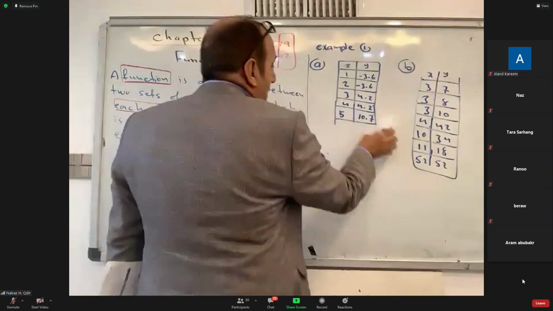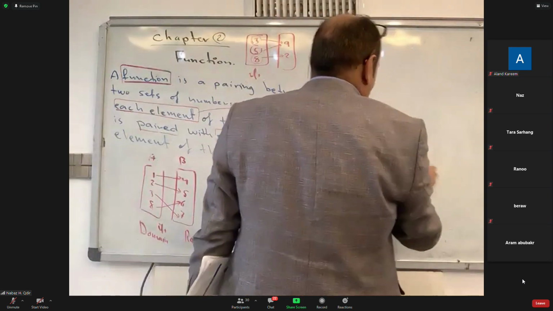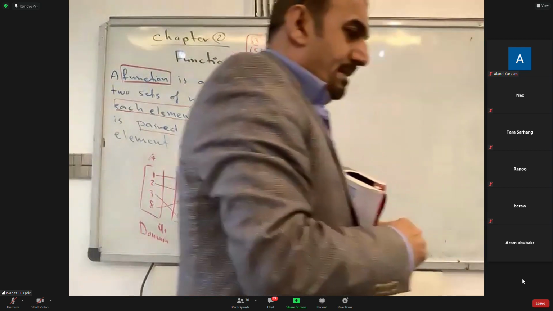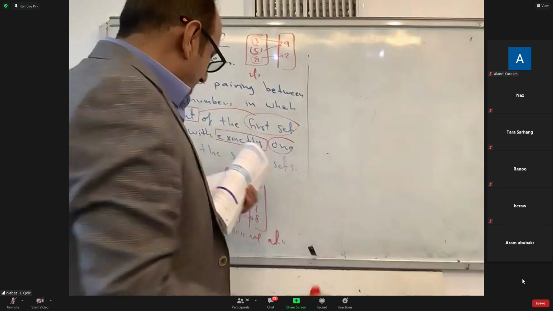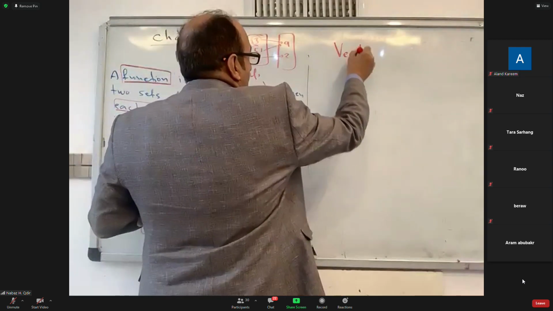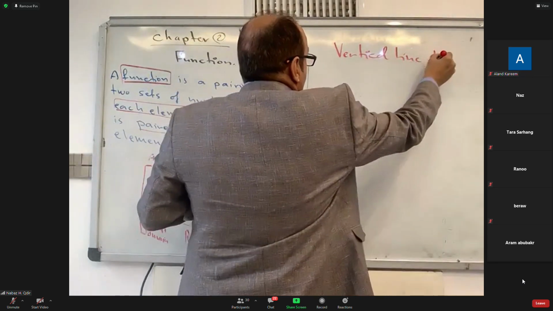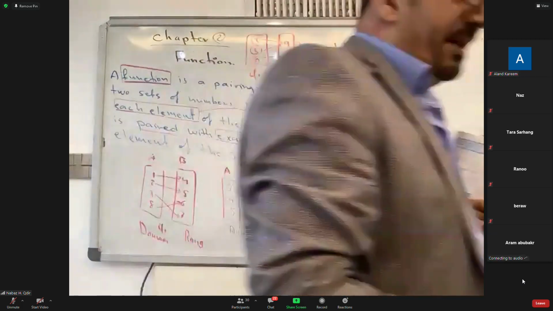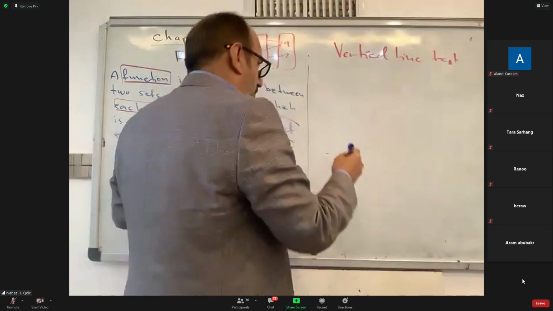We have the vertical line test. Vertical line test is very, very easy. This is if you have a graph of a function, like this one.